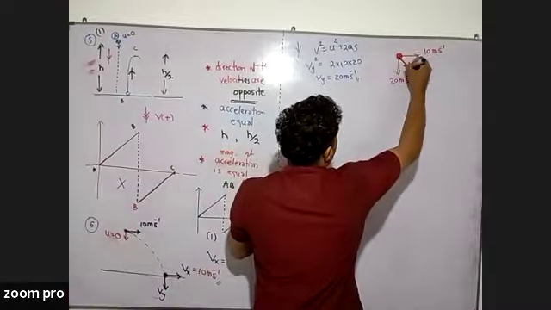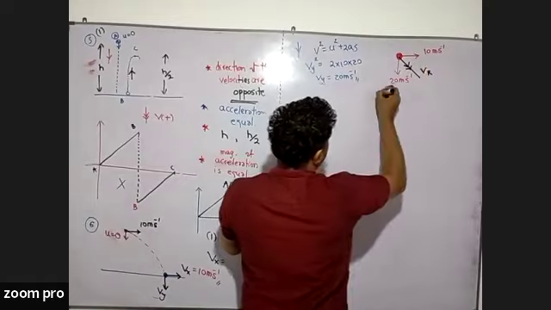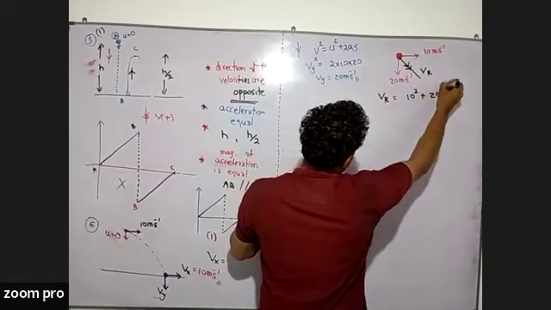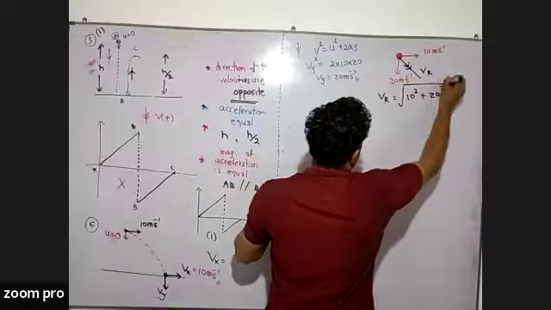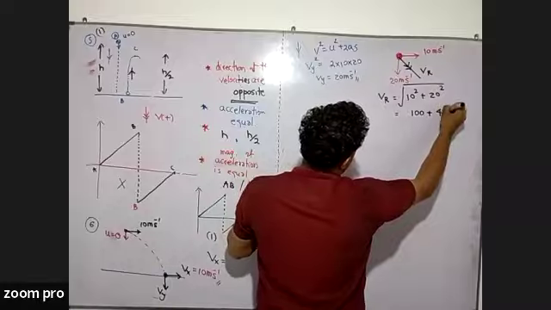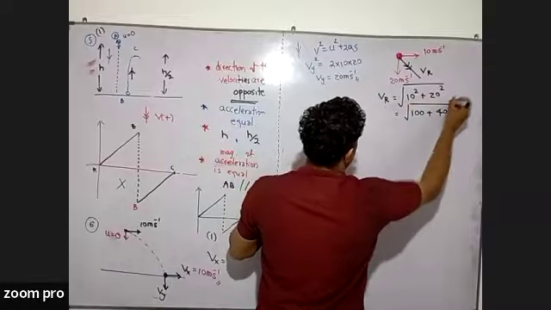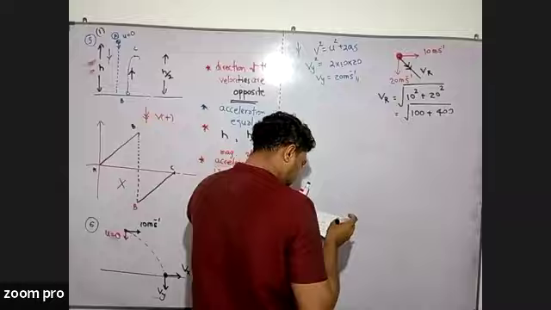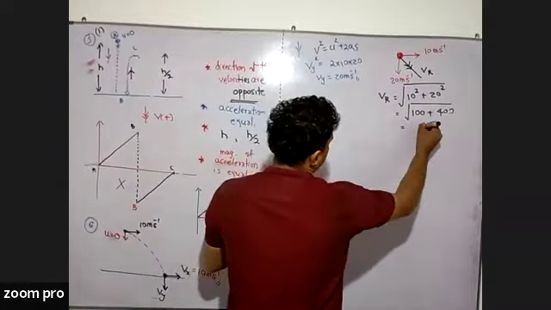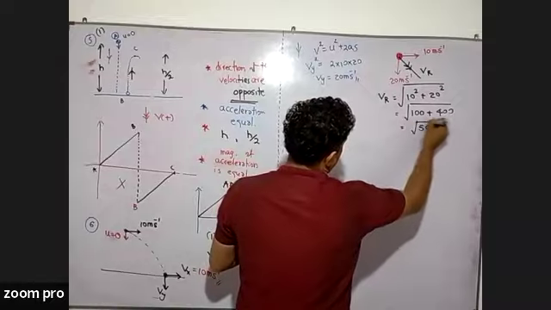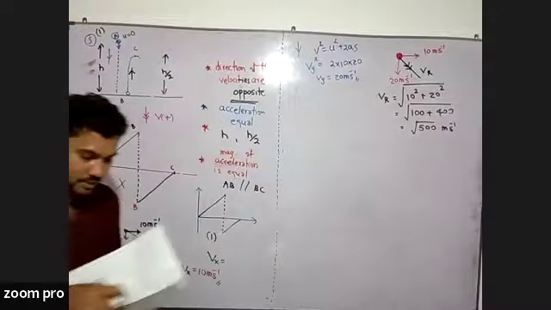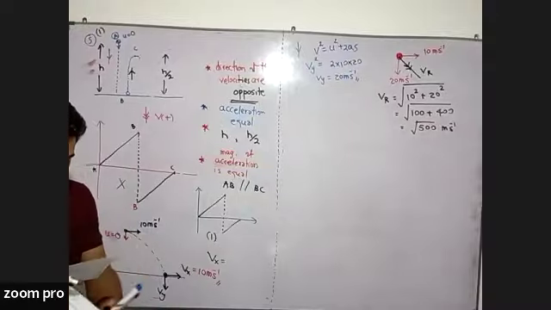The resultant velocity can be obtained by using this equation, isn't it? Right. So this is the best answer for this question.